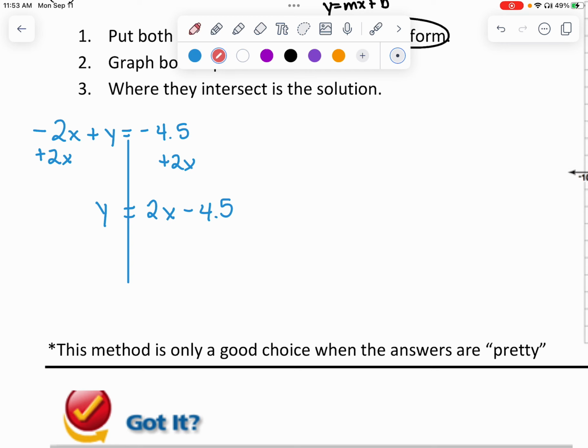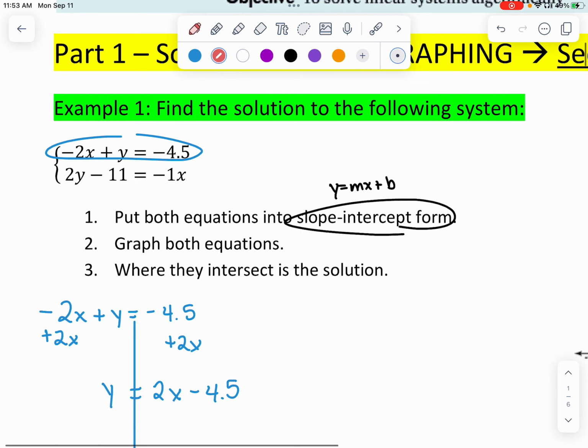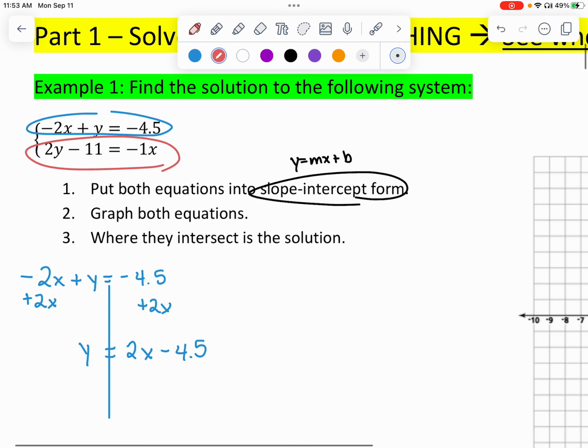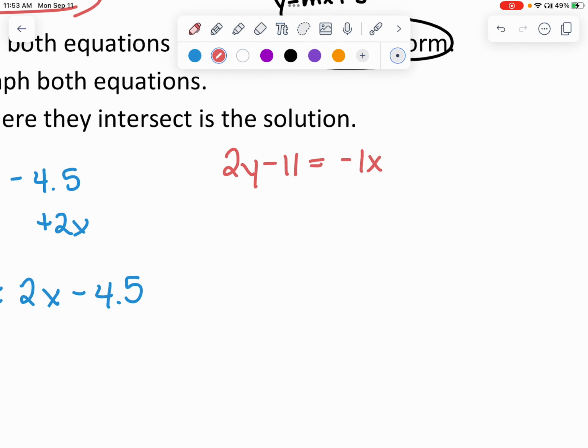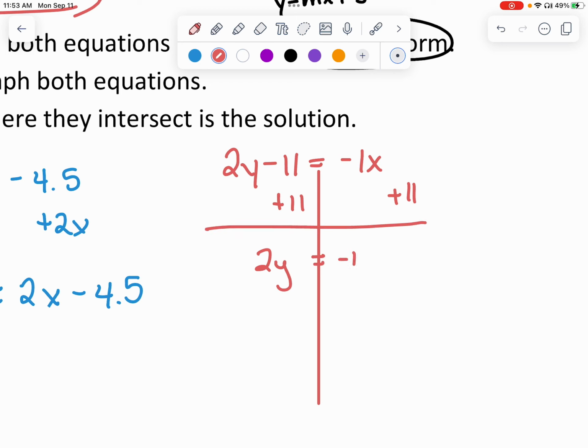The second equation, I'm still in step one, is 2y minus 11 equals negative 1x. To isolate y and get it in slope-intercept form, I add 11. My new result is 2y equals negative 1x plus 11, and I'll divide every term by 2.